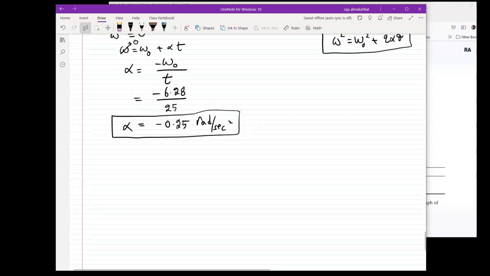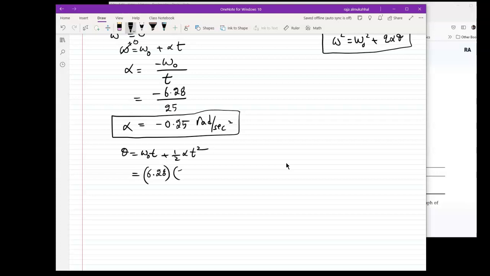So let's use it. So we have here theta equals omega naught t plus 1/2 alpha t squared. And then I can just plug in everything. Omega naught, I got it to be 6.28. The time is 25 seconds plus half times, put that minus sign, be careful, 0.25.